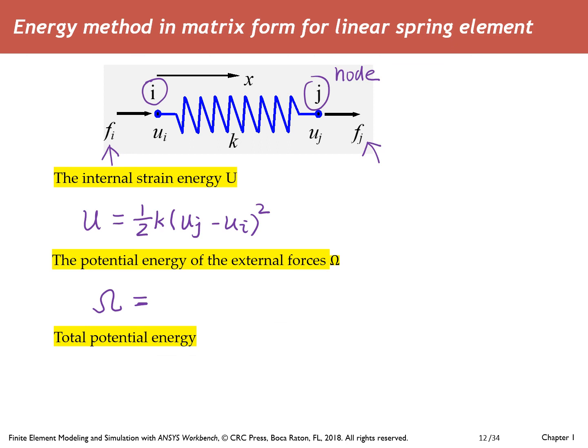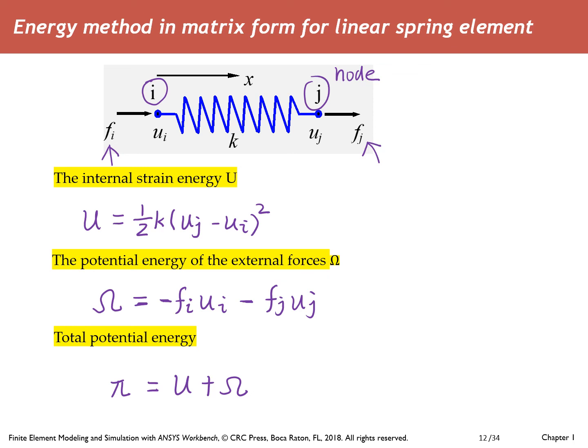So we have two nodes and two external forces acting on them. The force acting on the first node i will cause a potential energy, and likewise for the other node, Fj uj. That leads to the total potential energy, which is U plus the external potential energy.